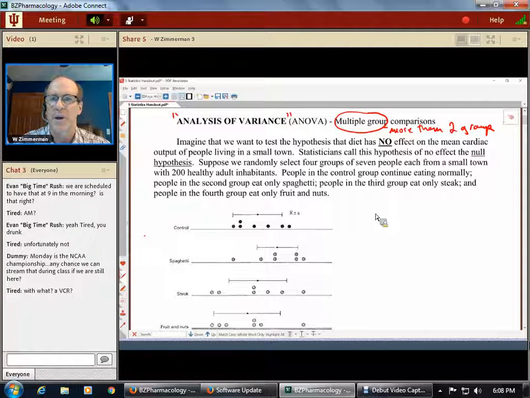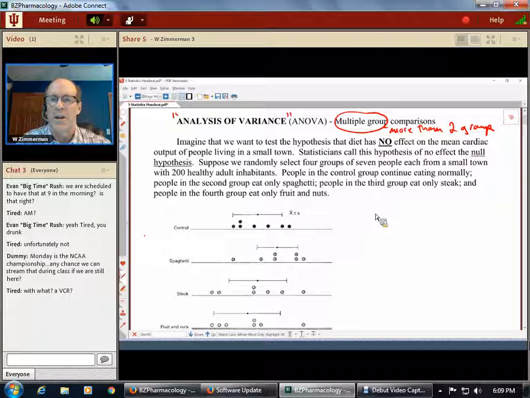We want to test the hypothesis that diet has no effect on the median cardiac output of people living in a small town. The null hypothesis is that there is no difference in heart rate due to diet. So we select 4 groups of 7 people from the town, 200 inhabitants there, kind of like the 200 Martians.